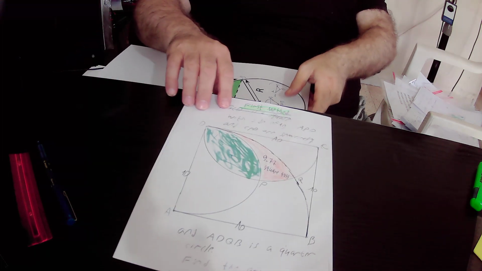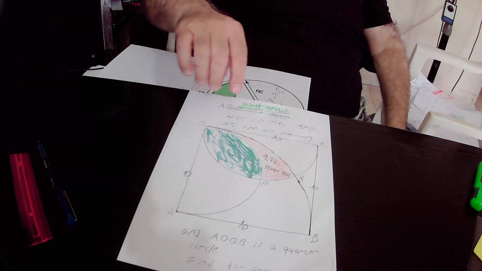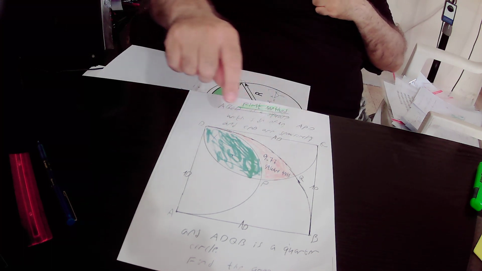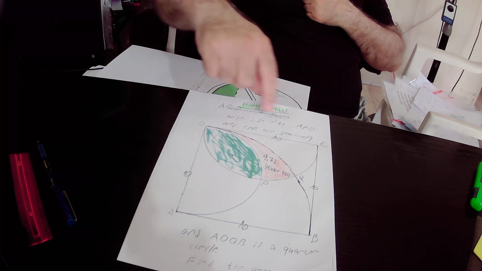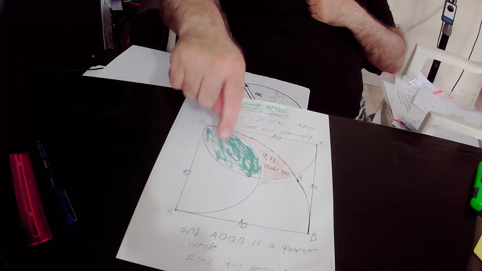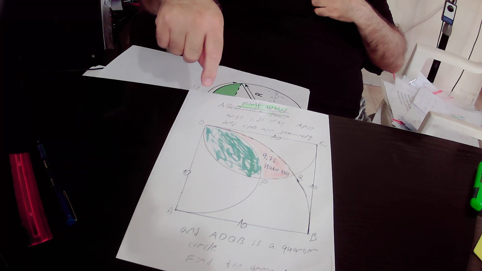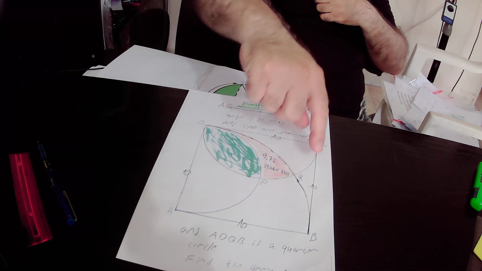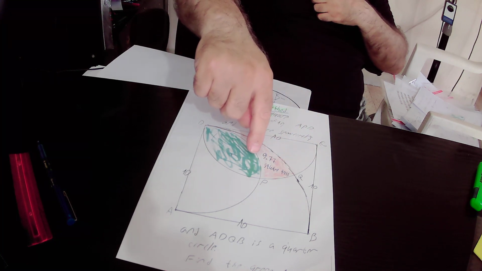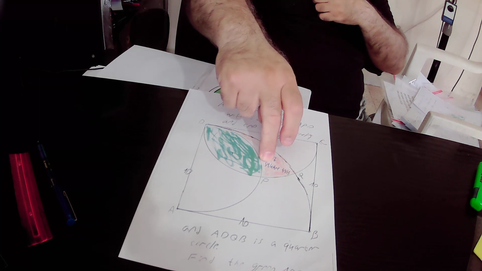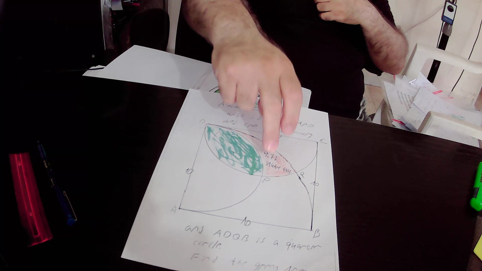In the drawing we have square ABCD. One side of square ABCD equals 10 units. Inside square ABCD we have two semicircles that intersect with each other and create the blue lens. In addition, we have also the quarter circle that intersects with this semicircle and creates the big lens. And our mission is to find out the area of this orange shape.